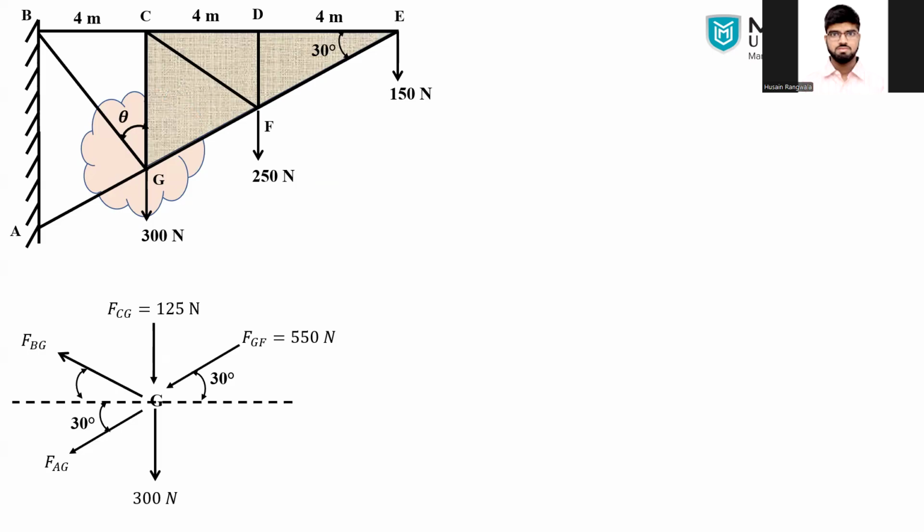In that, the horizontal length is 8 meter and this angle is 30 degree. I have to apply tan 30, so it will be CG divided by CE. CE is 8 meter, so CG is 8 multiplied by tan 30, which is 4.62 meter. This vertical distance is 4.62 meter.